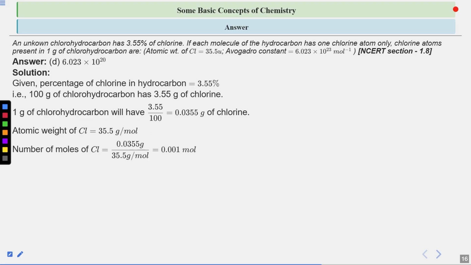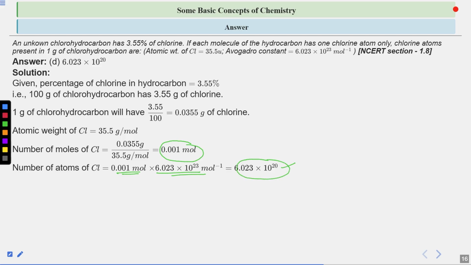Then the number of moles in this amount will be given mass by molar mass, that is 0.001 mole. Now, if we have this much moles of chlorine, then their atoms can be calculated as 0.001 multiplied by the Na, which is 6.023 into 10 to the power 20. So this is your correct answer. So in this way, you will get your option as D.